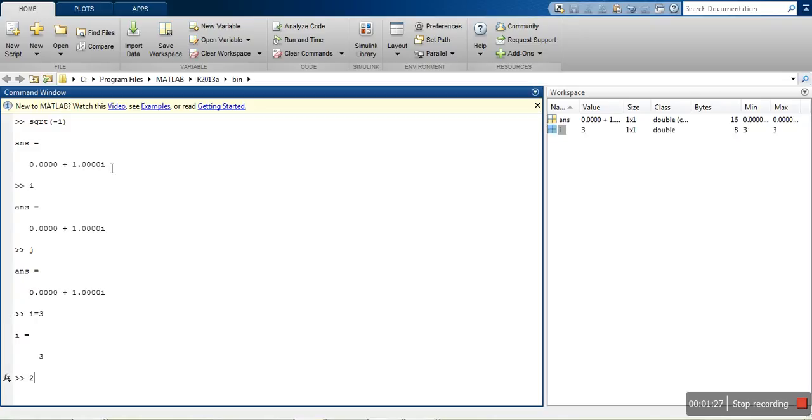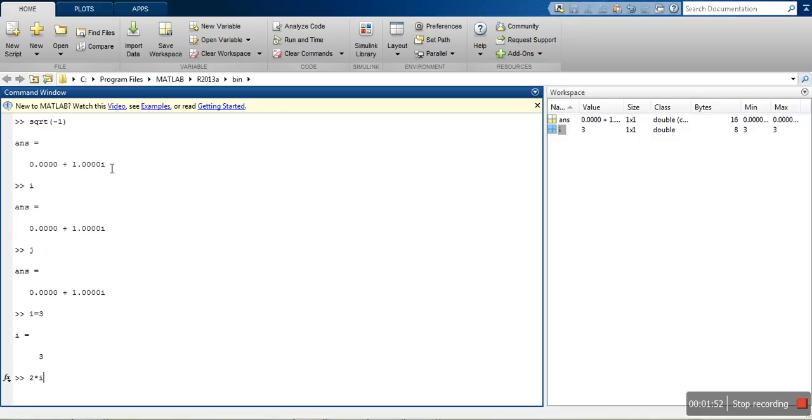Now evaluate 2 multiplied by i. It is necessary to put the sign of operation between constant and variable. If we don't use the sign, then MATLAB will show an error.